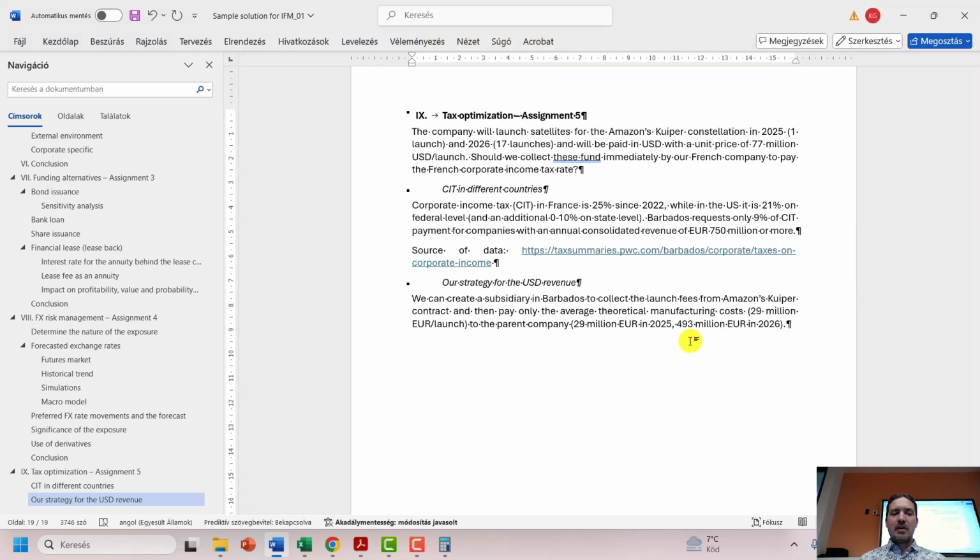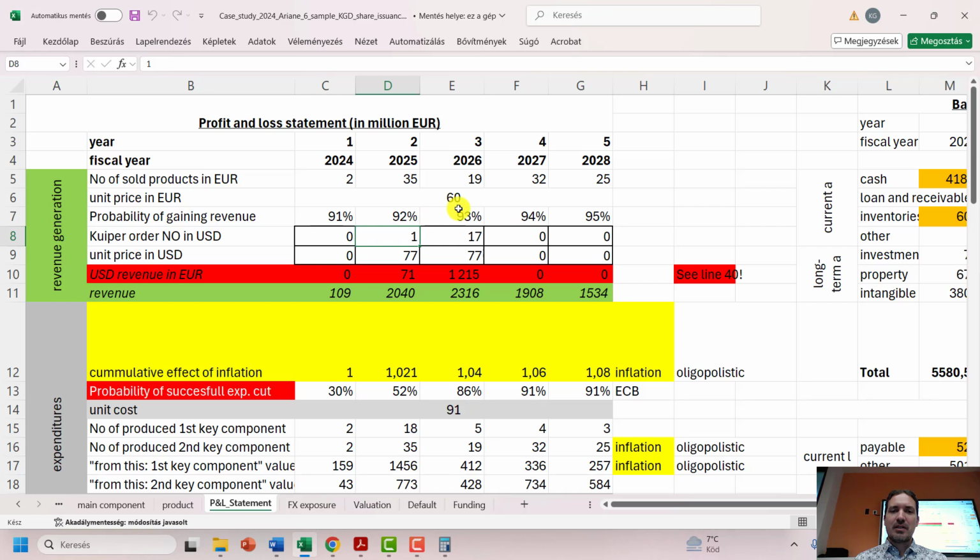So we are paying to cover the raw material costs and the manufacturing and the fuel and so on, but the rest of the money will be kept in Barbados in some interest-bearing assets, and after that, when we are finishing with the accumulation of these funds, in 2024 we are selling the assets, transferring back the revenues, and we will see what happens. Maybe it will be completely useless.